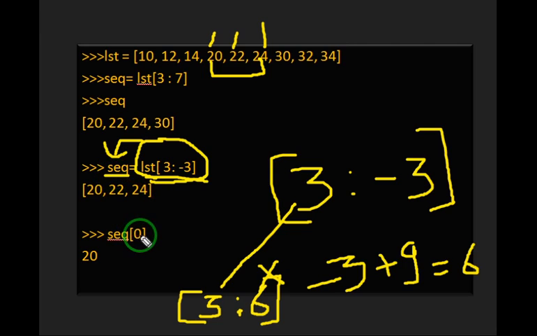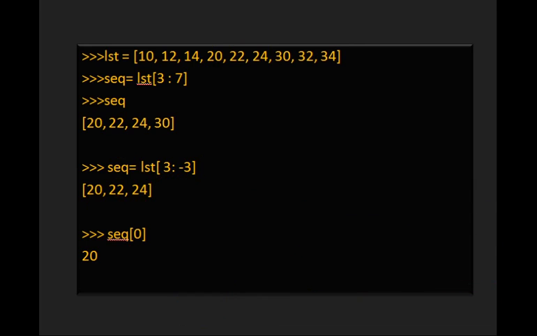So when you write SEQ 0, it will display 20, because the index number of 20 is 0, index number of 22 is 1, and index number of 24 is 2. Since I have written SEQ 0, it will display the value present at index number 0 in the SEQ list, and we have generated the SEQ list from the LST list by specifying 3 colon minus 3.